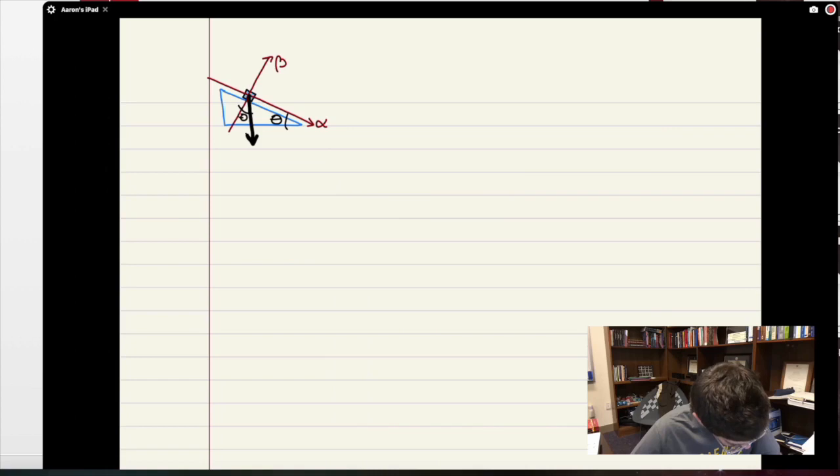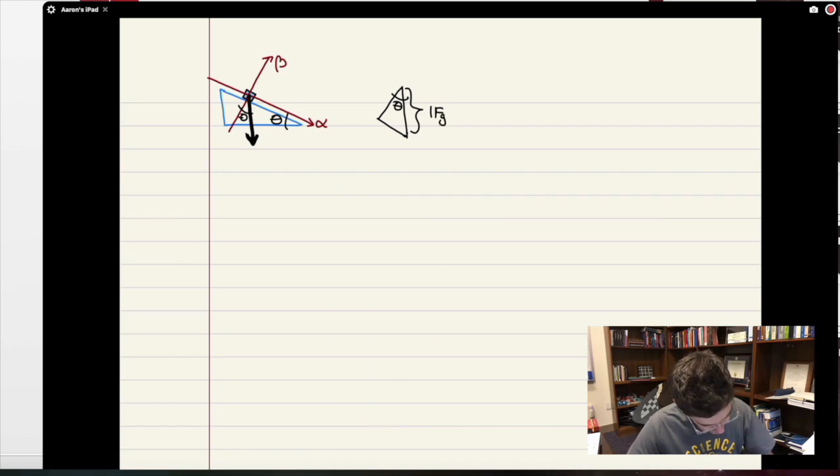Okay, now this is theta. So now the triangle of interest is something that looks like this, where this is theta. This side is now the magnitude of the force due to gravity.